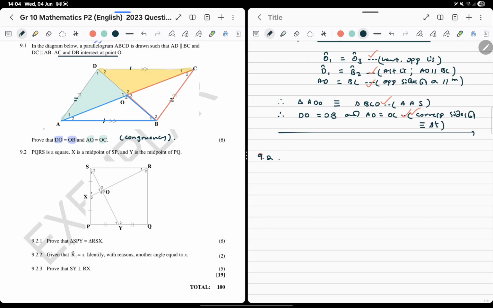Now, we need to prove that triangle SPY. So, where is triangle SPY? And of course, we know that in a square, the angles are 90 degrees at the corners. We know this. Nice. So, SPY is this triangle over here.